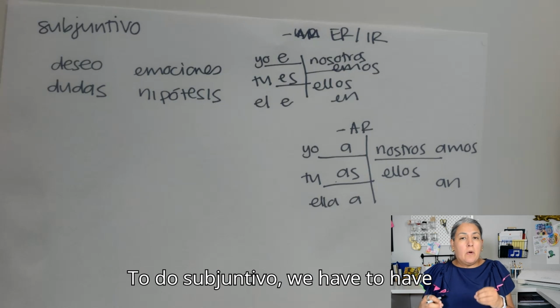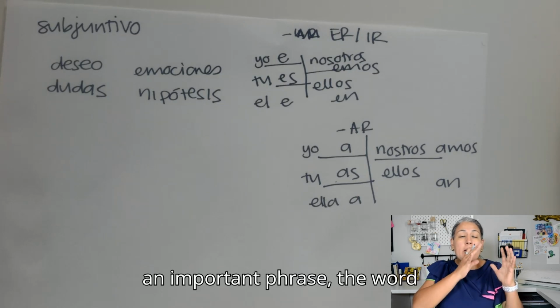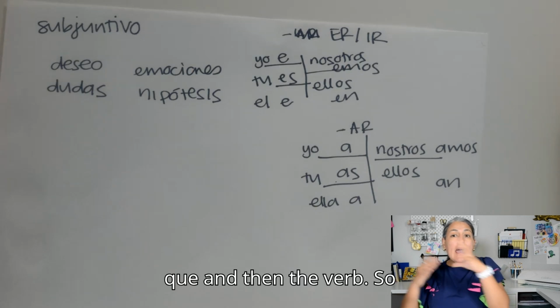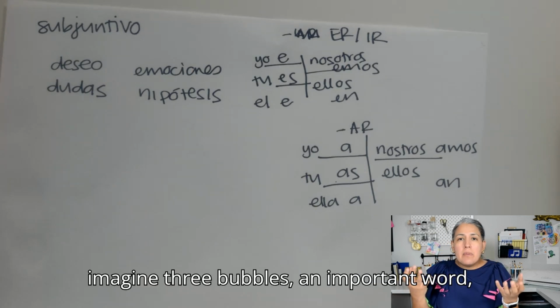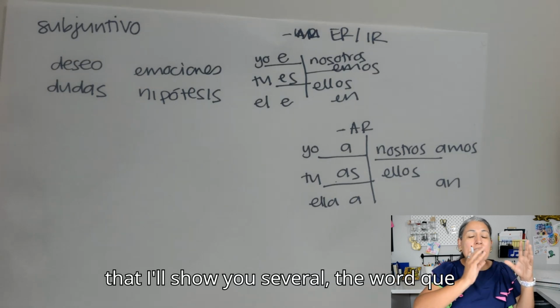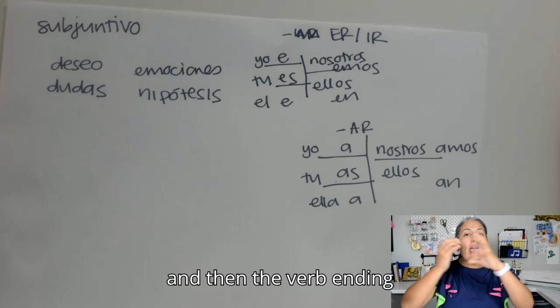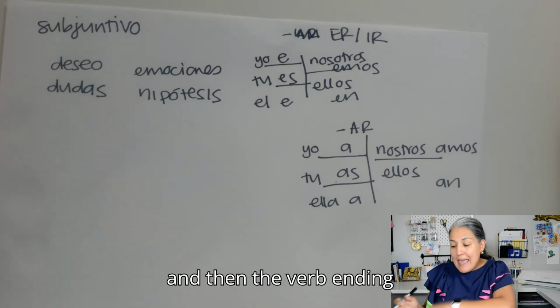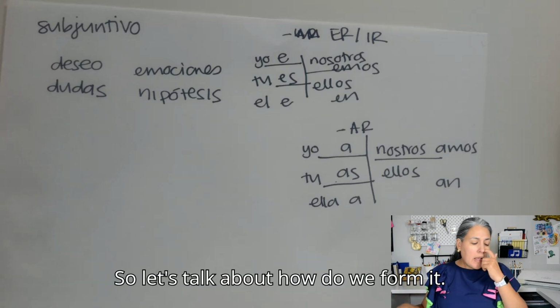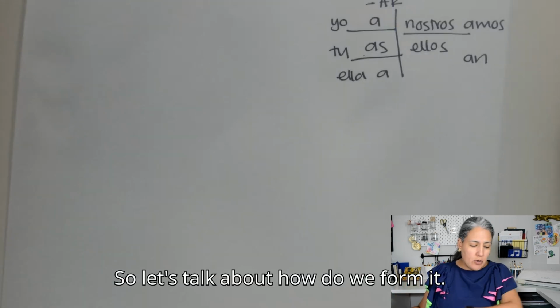To do subjuntivo, we have to have an important phrase, the word que, and then the verb. So imagine three bubbles. An important word, that I'll show you several. The word que, and then the verb ending with this pattern I just showed you. Yes? So let's talk about how we form it.